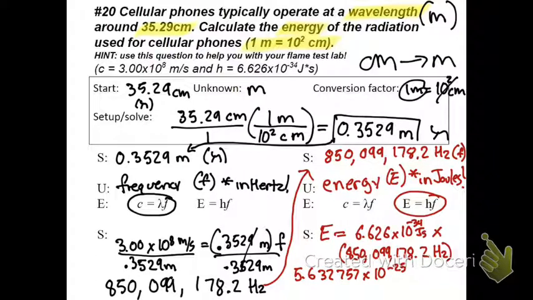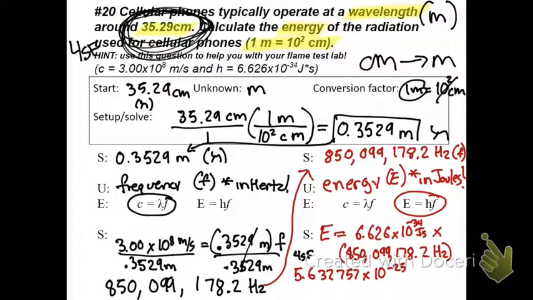But we need to round according to the rules of sig figs, so take a look at what we started with. We started with 4 sig figs. So we want to end with 4 sig figs. That's quite ugly. 4 sig figs.